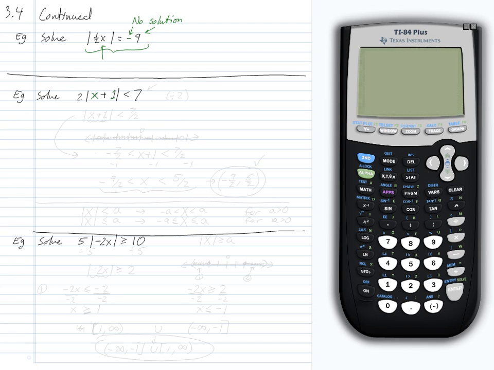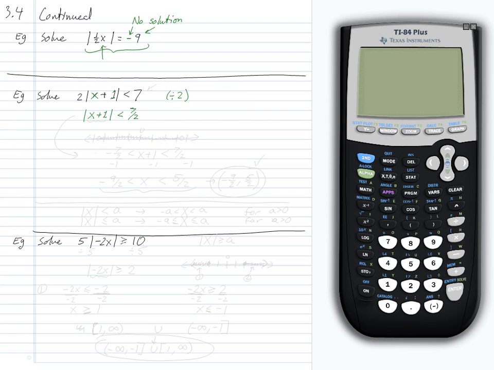So if I say that 2 times the absolute value of x plus 1 is less than 7, that would be equivalent to saying that the absolute value of x plus 1 is less than 7/2. So if I divide both sides of this by 2, I can get rid of that 2.